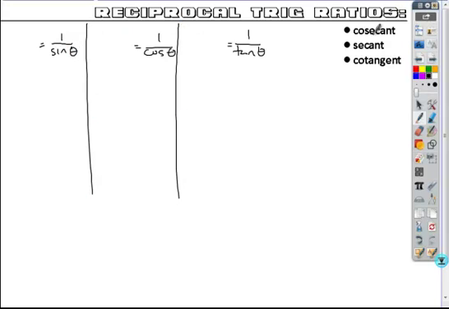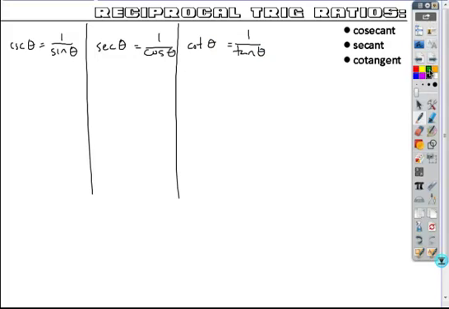Okay, so the cosecant is the reciprocal of sine, and it's designated CSC. The secant is the reciprocal of cosine. It's designated SEC. And the cotangent is the reciprocal of tangent, and it's designated COT.